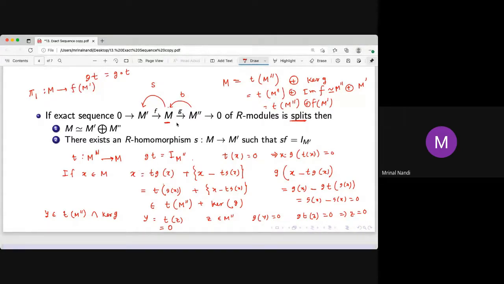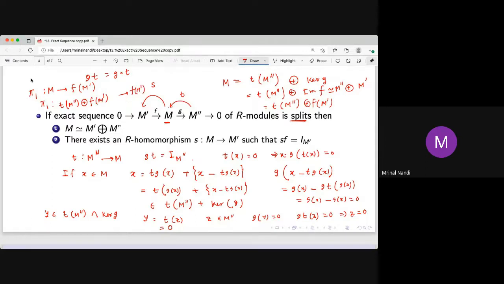F M dash is a submodule of M, and you take the projection map. Since M is T M double dash direct sum F M dash, there is a projection map.